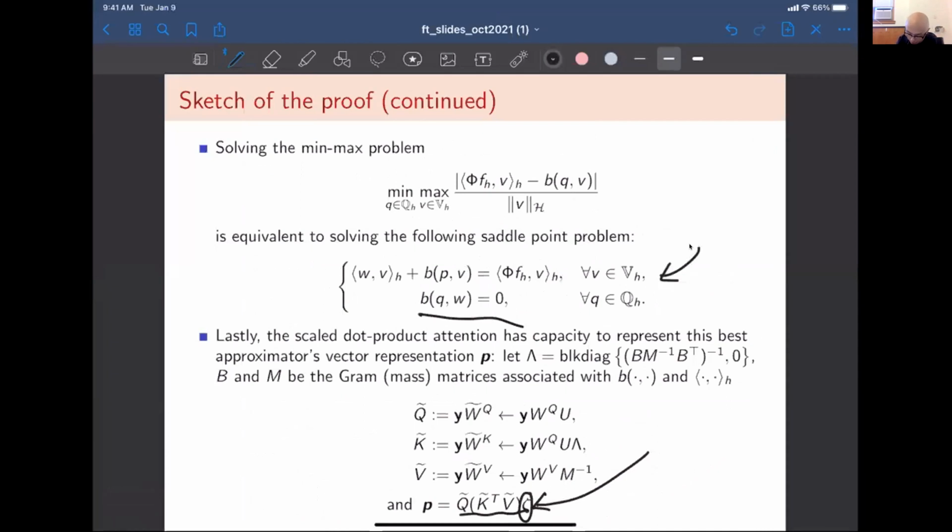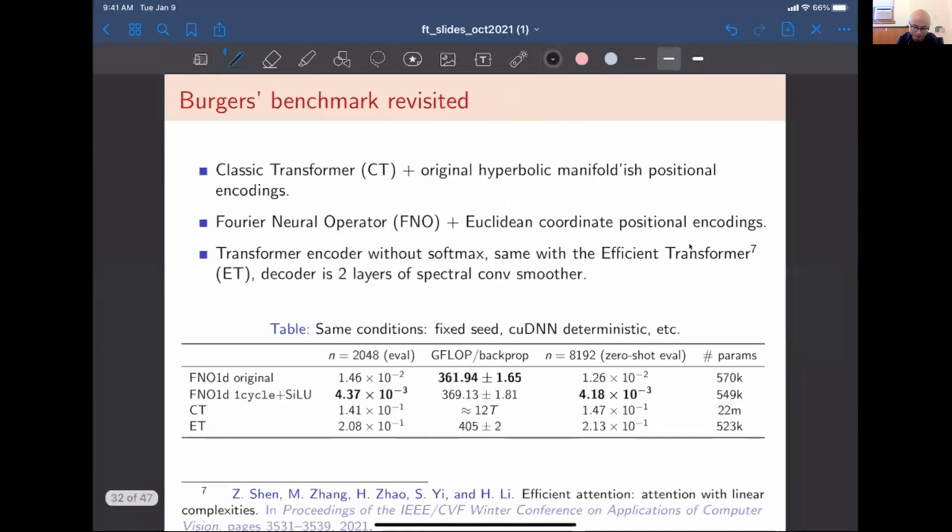We have two Gram matrices, lambda and M, which serve as our normalizers. Inspired by this, here is one more slide. When we directly remove the softmax, even though we had this nice approximation result back in February, when I tried to apply it directly, the result was even worse.